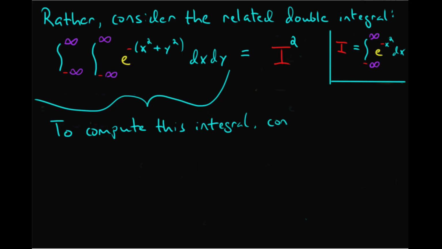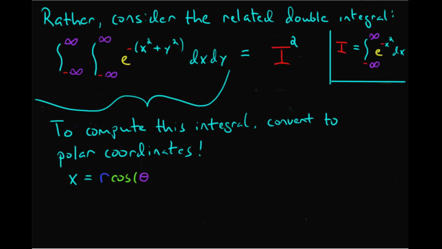And as I said, this double integral is actually much more workable. And the reason for that is that I can convert this double integral in x and y into a double integral in polar coordinates. Right? Whenever we see an expression x squared plus y squared, we should immediately think of the Pythagorean theorem and polar coordinates. So here we have, doing our variable substitution, that x will equal r cosine theta, y will equal r sine theta.